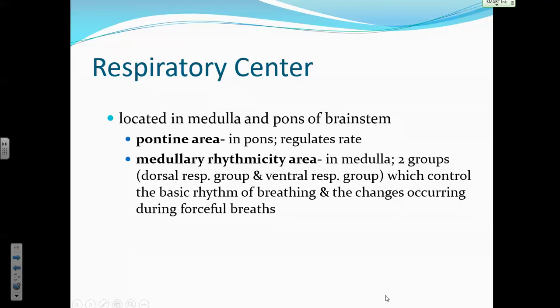The part in the pons is called the pontine area, and the part in the medulla is the medullary rhythmicity area. Within that area, you've got a dorsal and a ventral group. This is a real complex interaction between neurons between these two groups, and they work together to control the rate and the depth of breathing.